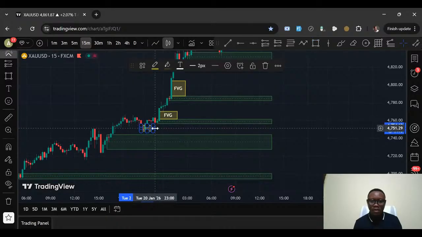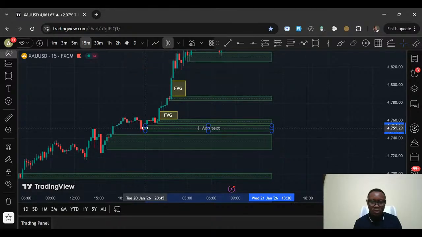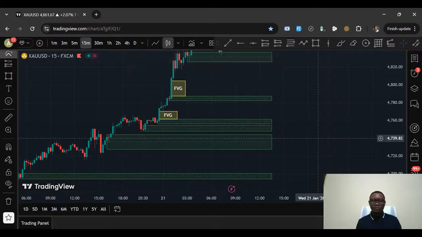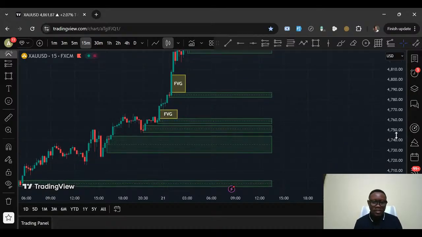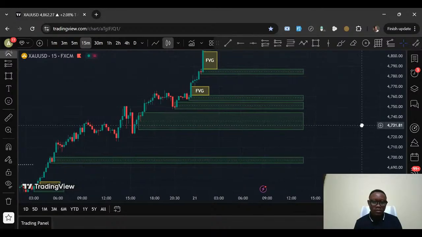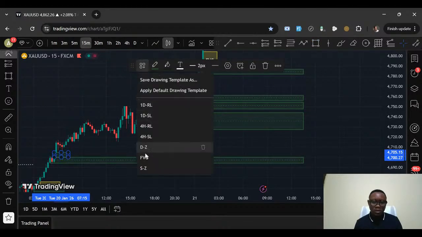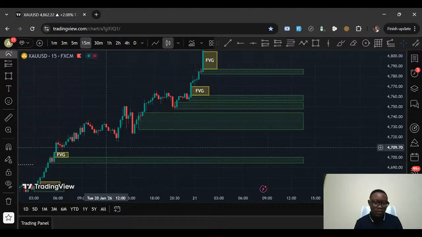So we can push this here and demand order block zone. Okay. All right. So that is it. FVG for this zone. We have an FVG right here. Okay, FVG. All right, great.